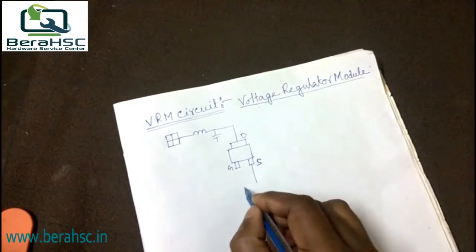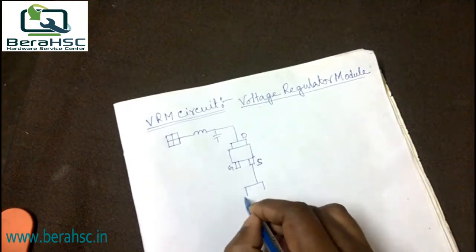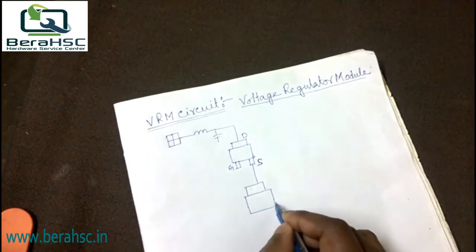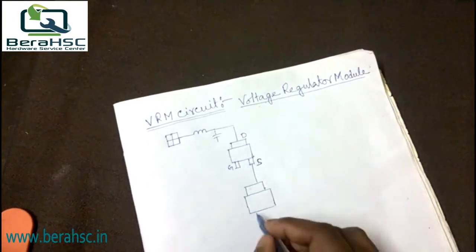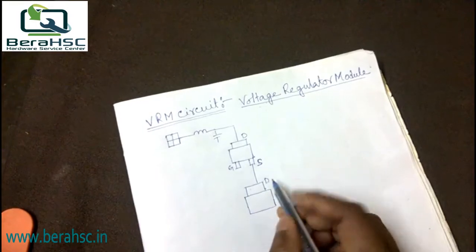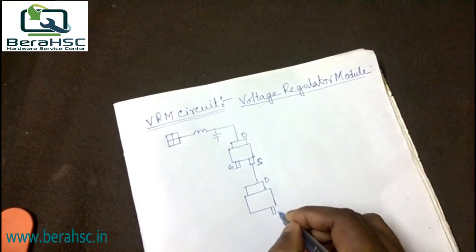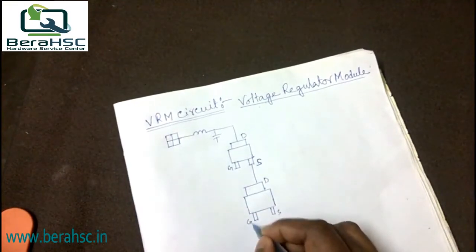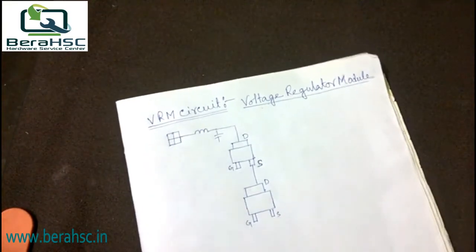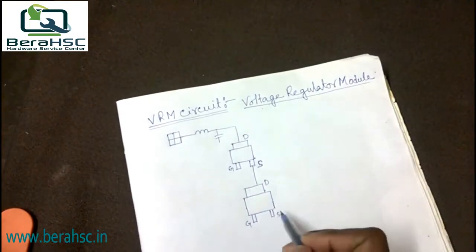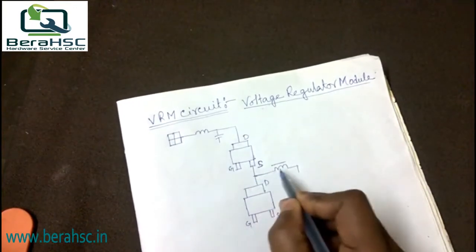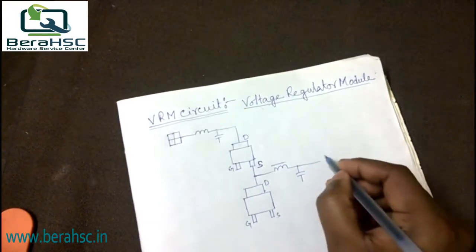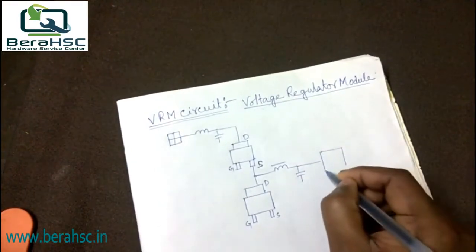After that, another N-channel MOSFET. Same, this is called drain, this is called source, and this is called gate. And this is the output coil, output capacitor, and CPU.